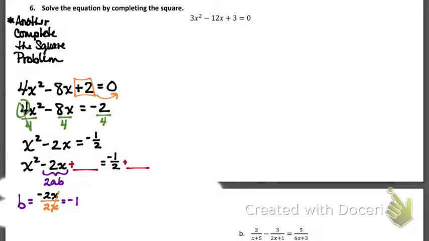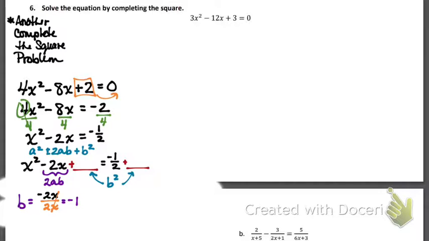I don't want B on these two lines. I want B squared. Because I am trying to get this left-hand side to be a perfect square trinomial. I want a squared plus or minus 2ab plus b squared.